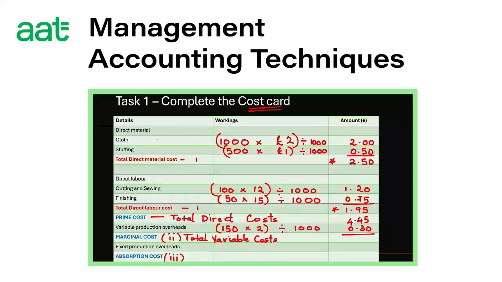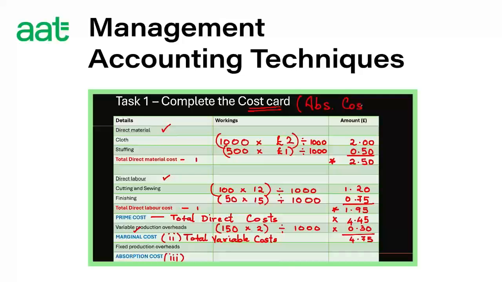So it's your direct materials, your direct labor, and your variable production overheads added together. So it's effectively that prime cost and variable production overheads added together. So that comes to 475.